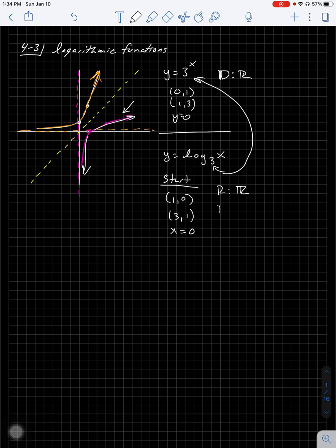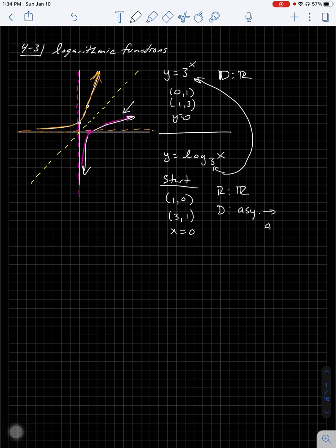The domain for these is going to be either the asymptote to the right, or the asymptote to the left, just like the exponential was that way for the range. So everything's flipped, and what you're going to do in this section, first of all, is be able to graph these. So let's do some of those.